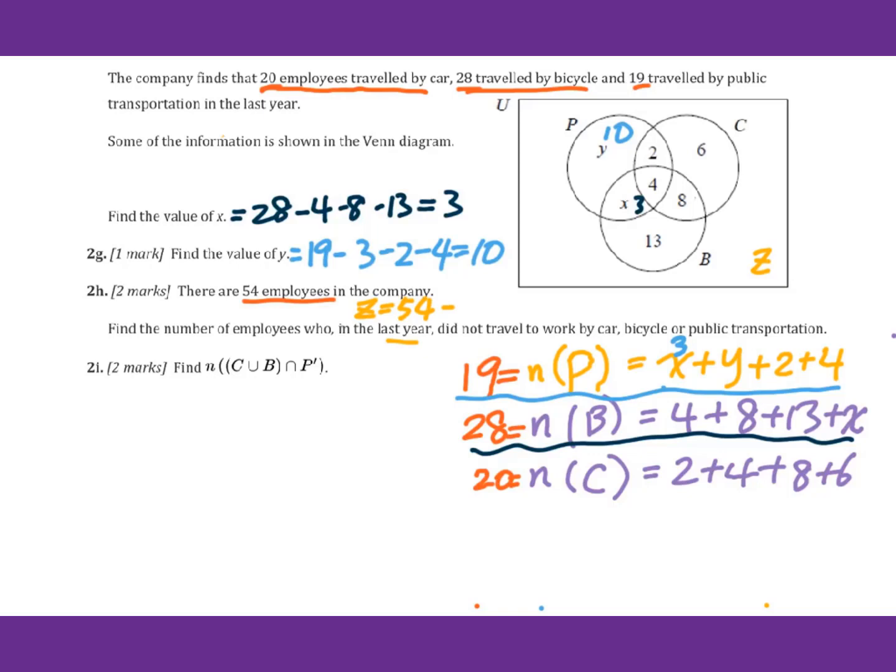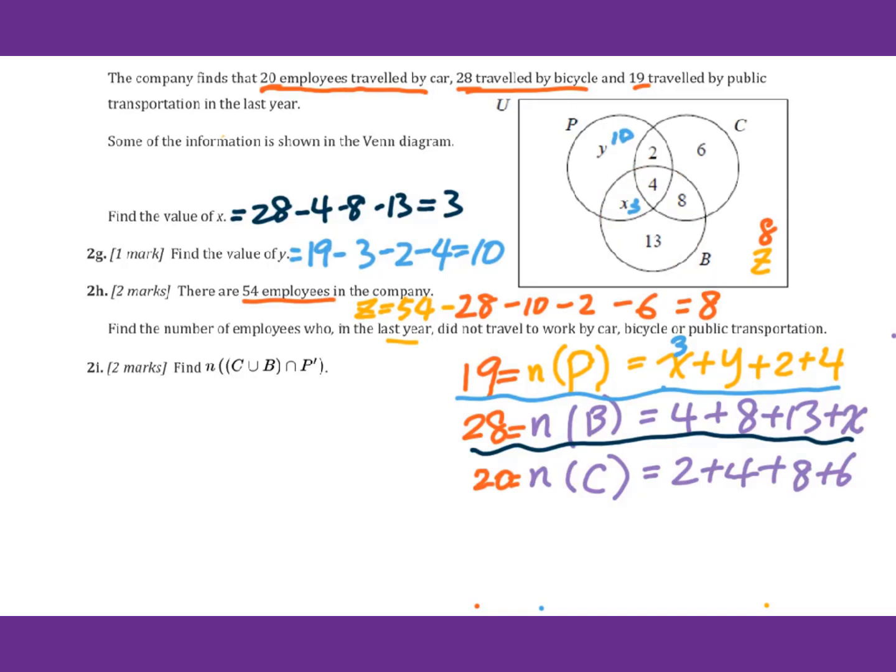But we do know for B, that is this circle, that's 28. Then minus 10 minus 2 minus 6 equals 8. So this is 8.